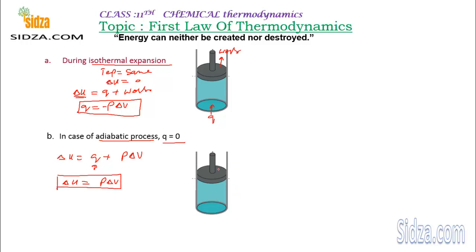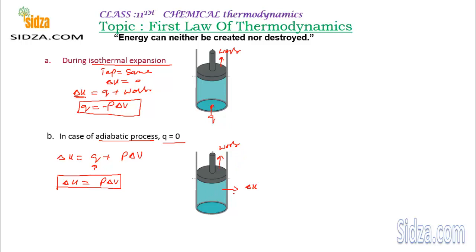So if the piston moves up under adiabatic conditions, the work done by the system will be equal to the decrease in the internal energy of the system, because all the work is done at the expense of the internal energy.